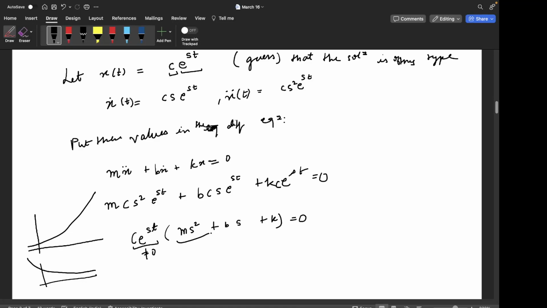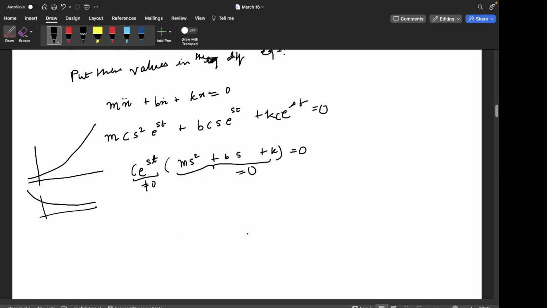So the only way this can be 0 is we set this thing exactly as 0. So this implies that m s square plus b s plus k is equal to 0. Now how will you solve this? Can you please think and tell me how can we solve it? Like what to solve for and how do we solve this?